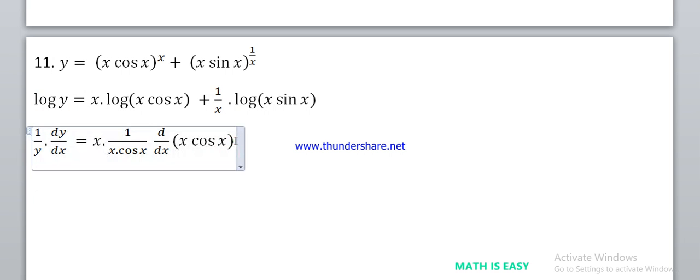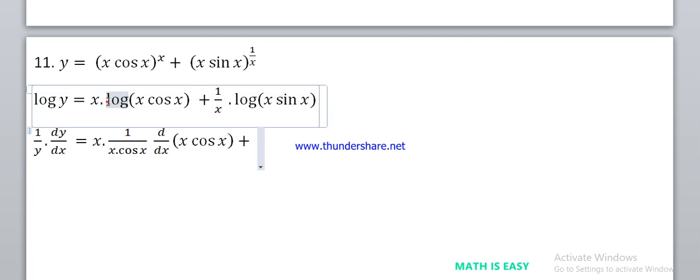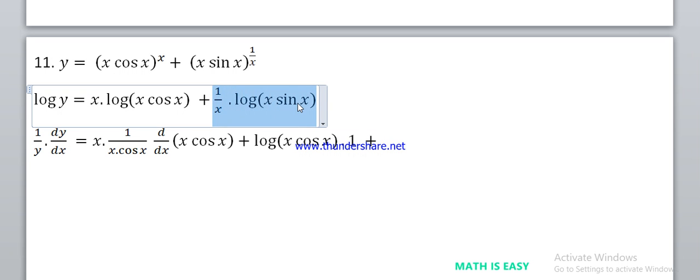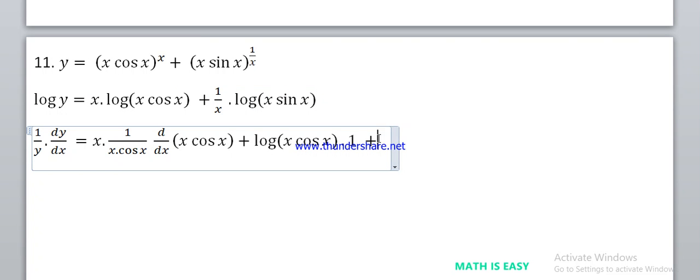So u derivative of v plus v derivative of u will come, v into derivative of u means derivative of x, that is 1. Okay. Now here also the same will come. First u is 1 by u derivative of v. Derivative of v means derivative of log x sin x. Right?